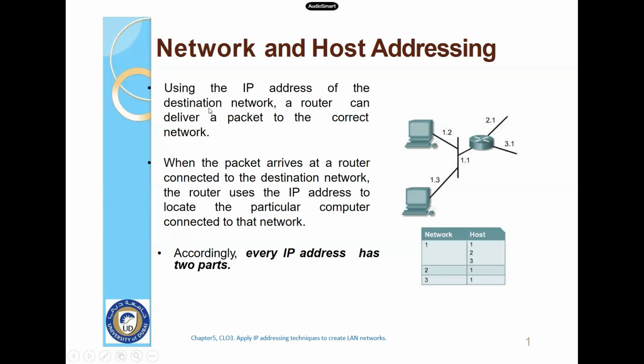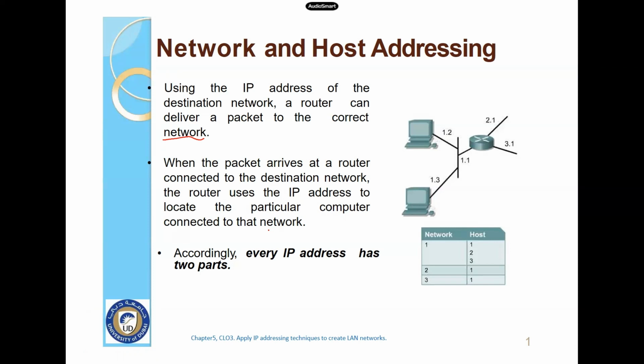So using the IP address of the destination network, a router can deliver a packet to the correct network, because you need to deliver to the network first, then connect to the host. When the packet arrives at the router connected to the destination network, the router uses the IP address to locate the particular computer connected to the network.